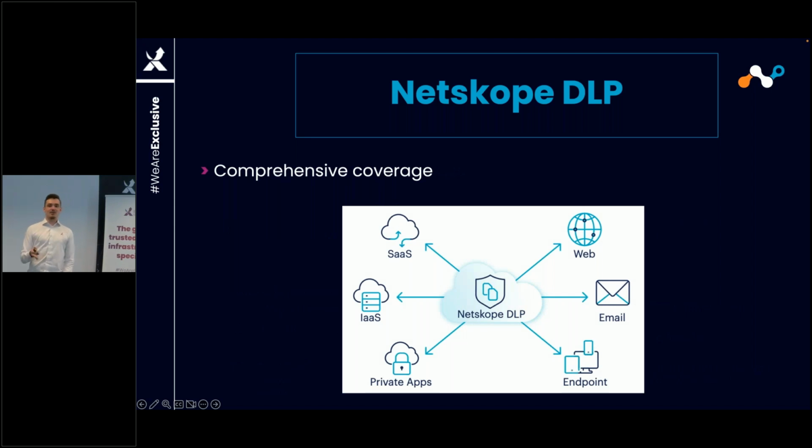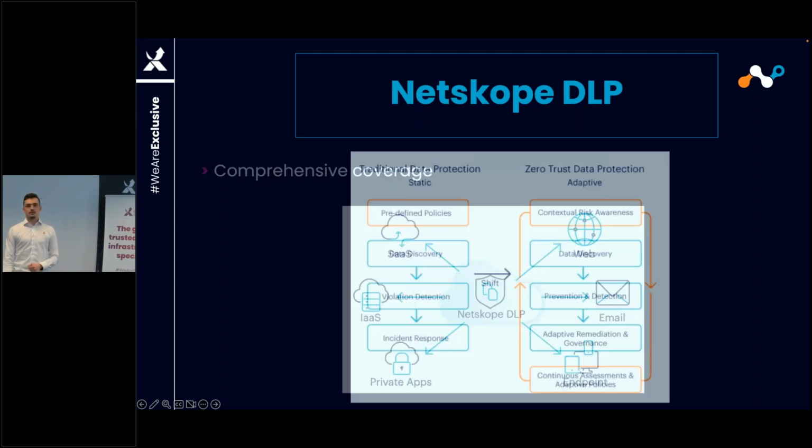Netskope provides a comprehensive solution. What do we mean by that? Well, first of all, it is delivered from the cloud. Netskope DLP is a cloud solution, so you have consistent security for every user across the entire world. In addition to that, it doesn't matter what use case you want to address. It is a SaaS application, IaaS, a private app, web application, or even on the endpoint itself. Netskope can address those different use cases.